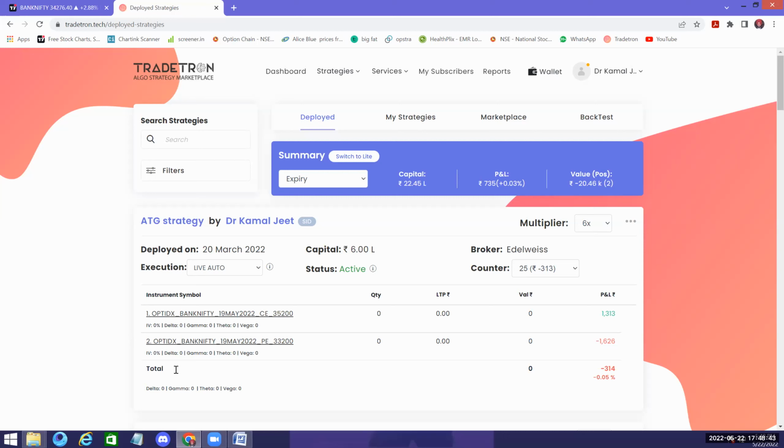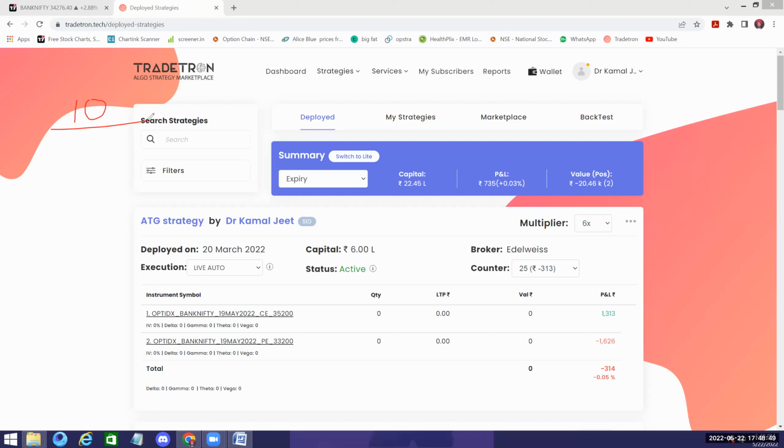Now I'm going a little off topic. For 10 lakh rupees of margin or money that I have deployed, I am looking at somewhere around 4%. Agreed? 4%, right? We have 22 trading days, right? Yes. I'll show you something.